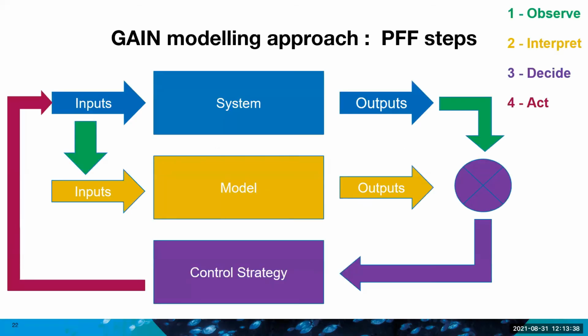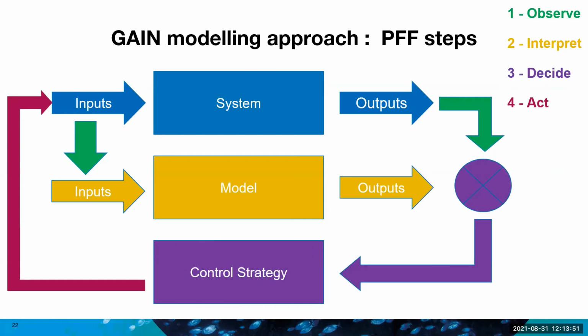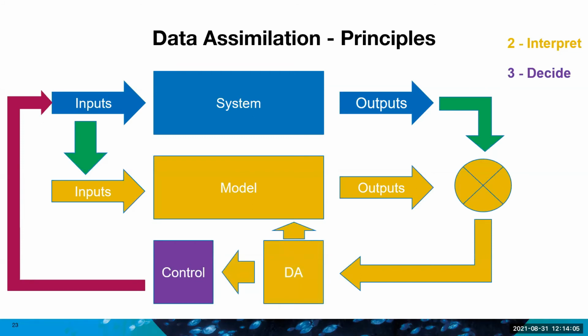So if we try to understand what data assimilation means for our process, we can think about the 4 steps of precision fish farming. If we concentrate on this part, which was the decide and interpret, instead of going directly to the decide step, you can think that your interpret loop is longer.